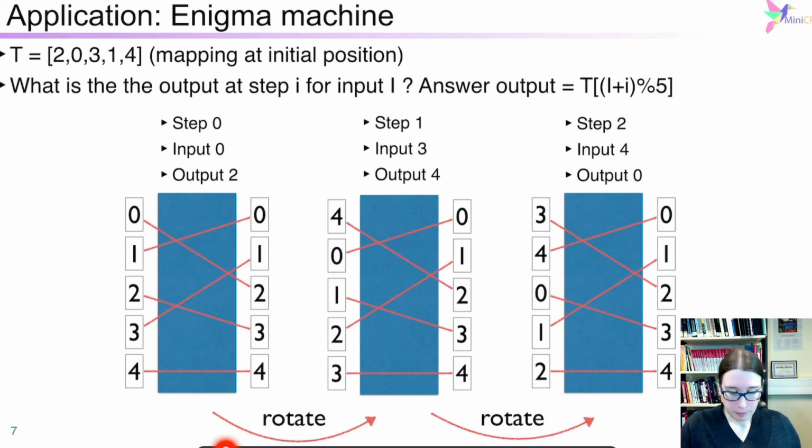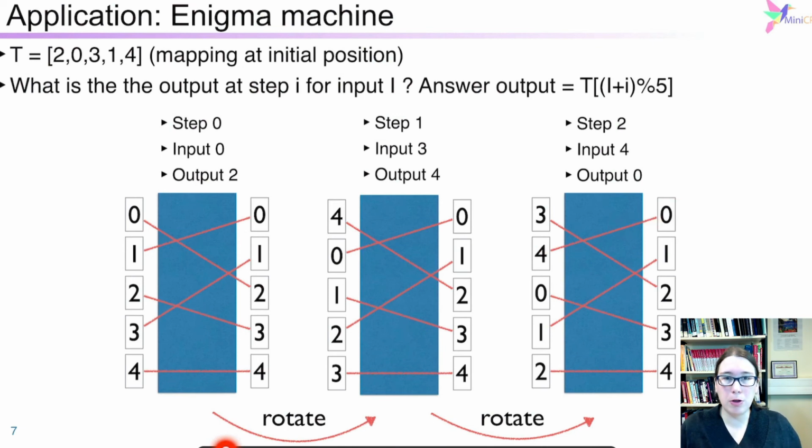So here, at step 0, we have input 0, it goes to 2. At step 1, you have input 3, which now is shifted: 3 plus 1 is 4, modulo 4, so position 0 here. Then at step 2, you have input 4, which with a shift of 2 corresponds to 6, modulo 5, so it's 1. So position 1 of input, here you have 0.